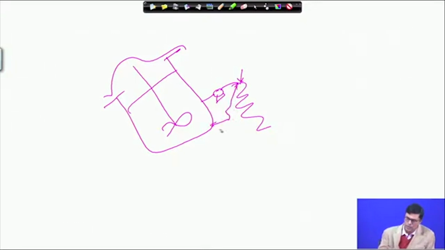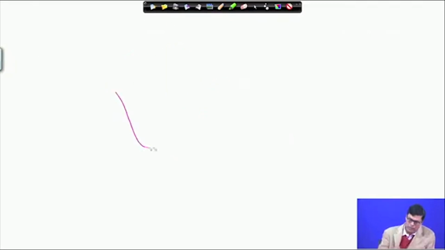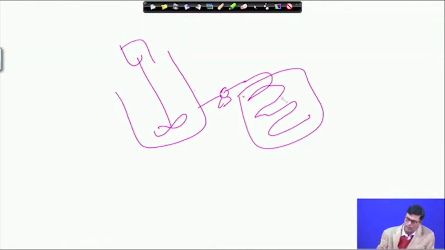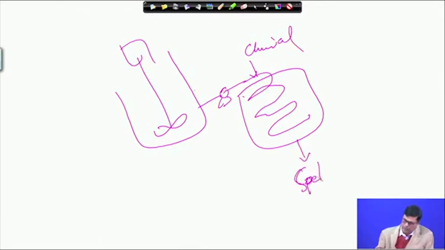I hope that it is not written properly, so let me tell you. You draw the sample with the help of a pump. It goes to the analyzer like this. Then this is a control environment. You add some kind of chemicals. Then suppose you have a colorimeter or spectrophotometer, or let us assume this is a turbidity meter.